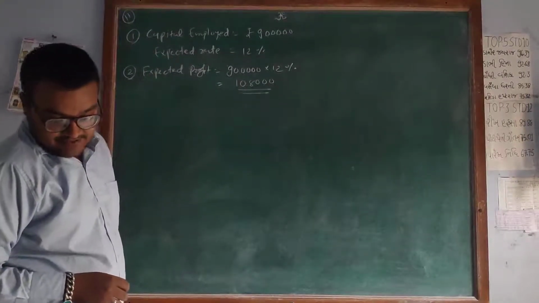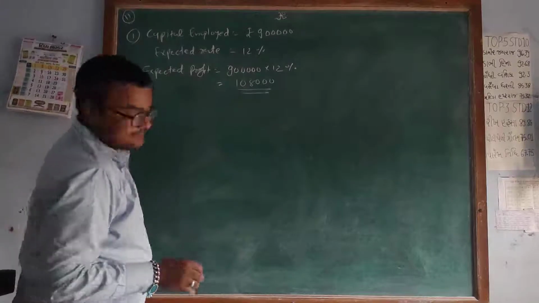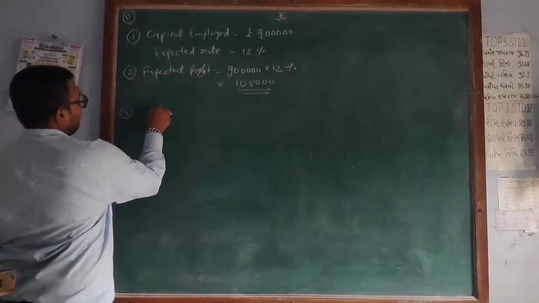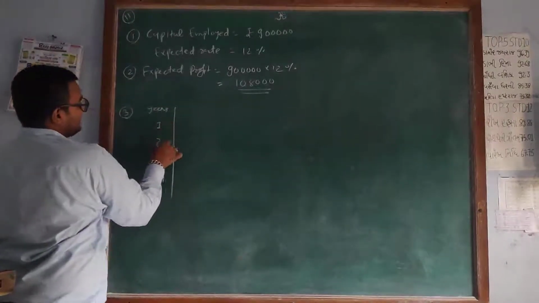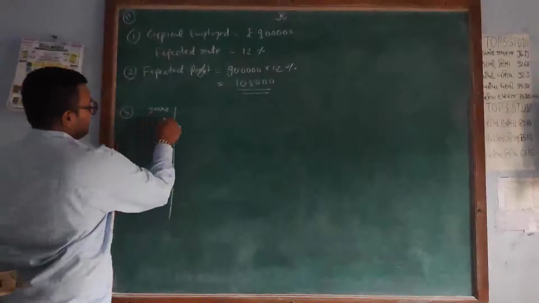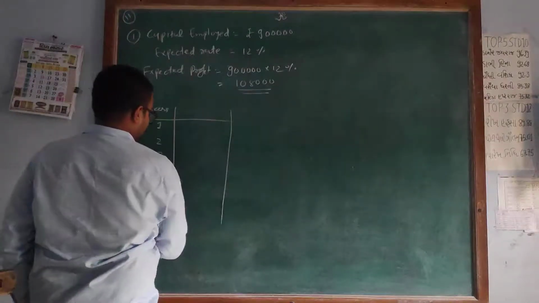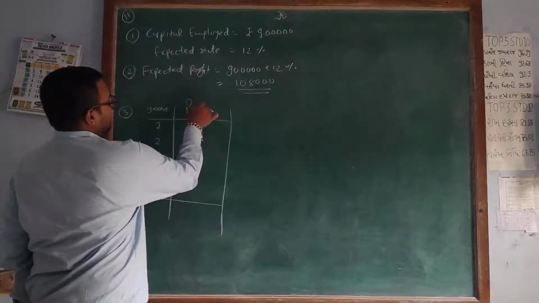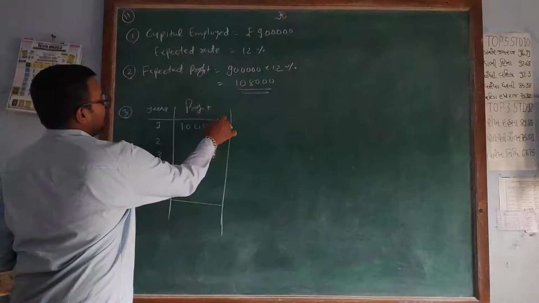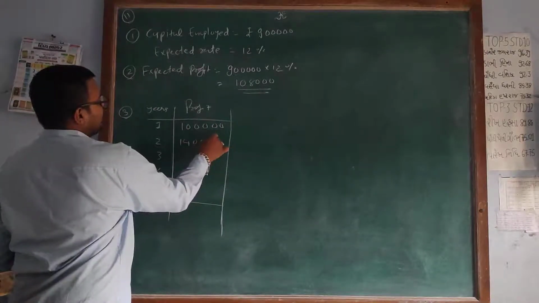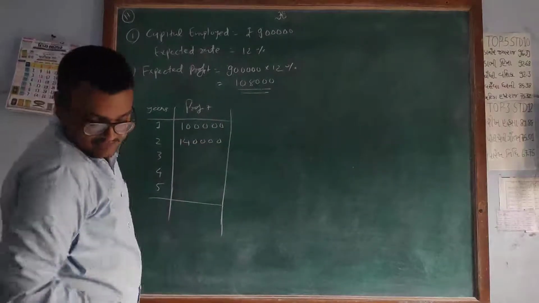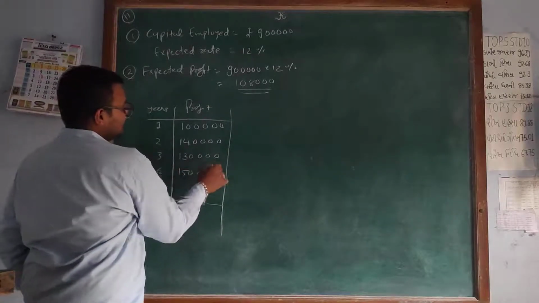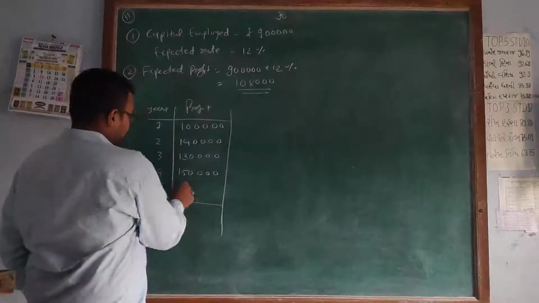Last 5 profits are given. Years 1 to 5, profits 1 lakh, 1,40,000, 1,30,000, 1,50,000, and the last one 1,80,000.